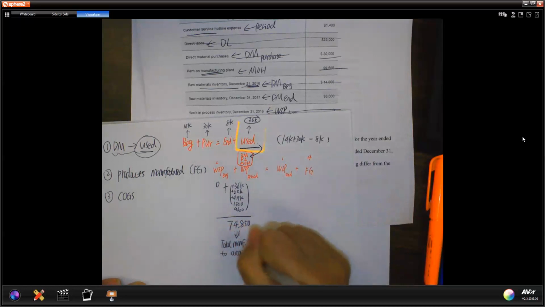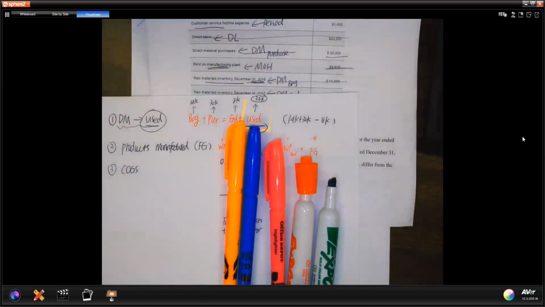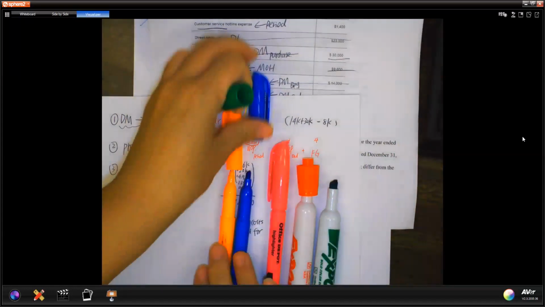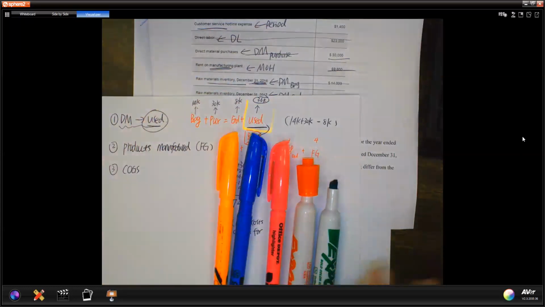What does this mean? You put all this money, you put all the costs, and they only have 2 choices. Either they will be finished goods, or they will become the new work in process, right? So at the beginning you had 2, but those 2 are done, and you have another new work in process product.